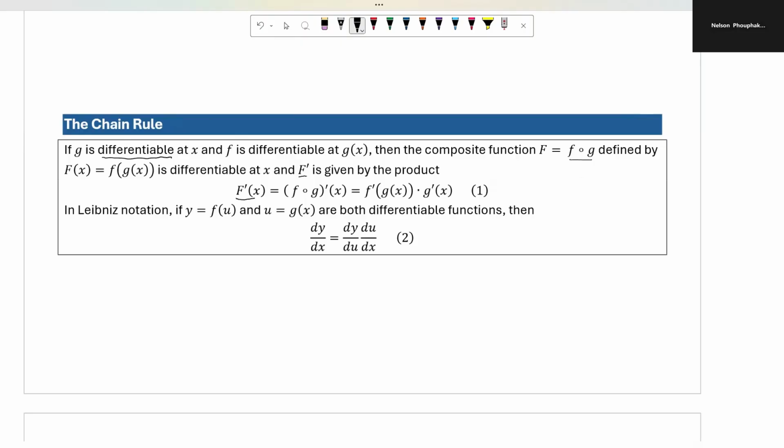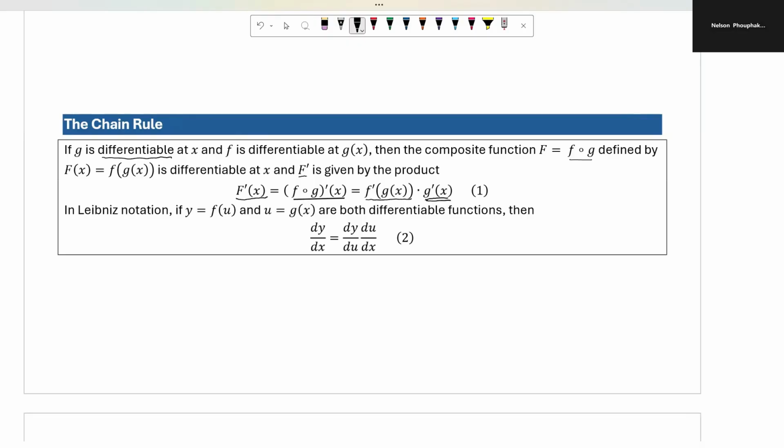So F prime of x, the derivative of the composite function, is the product of f prime of g of x multiplied by g prime of x.